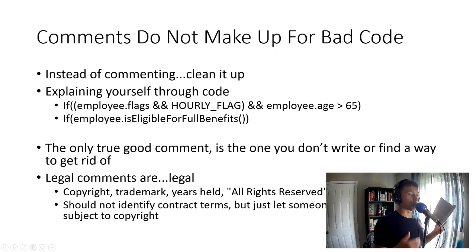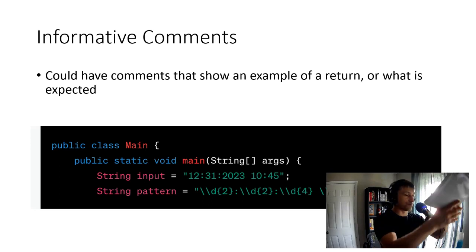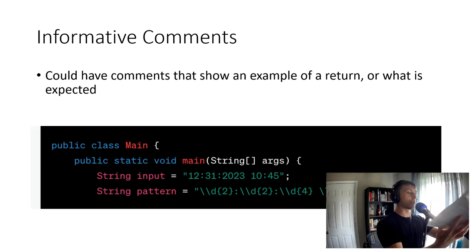If you do have some sort of trademark in your code, I actually didn't know that code could be trademarked, but there could be instances where you have something trademarked in your repository and it's okay to leave a comment there, a copyright, the year, all rights reserved, etc. It shouldn't identify the contract terms or anything more specific, but just let the user know that whatever they are looking at is subject to a copyright. So that's one instance where comments could serve a fairly decent purpose.